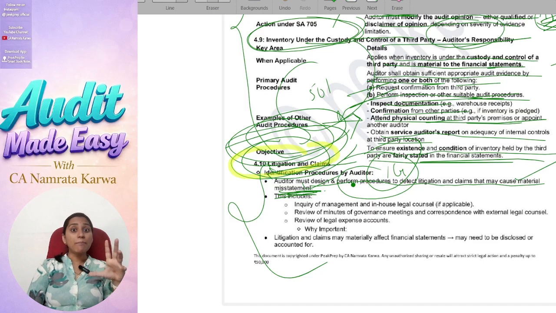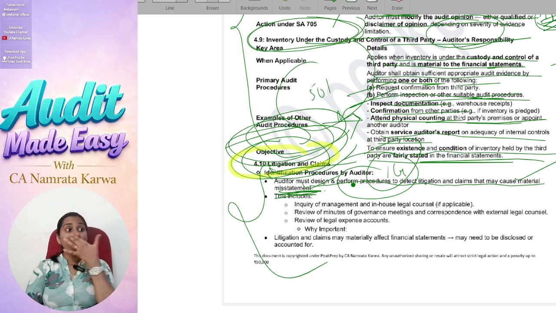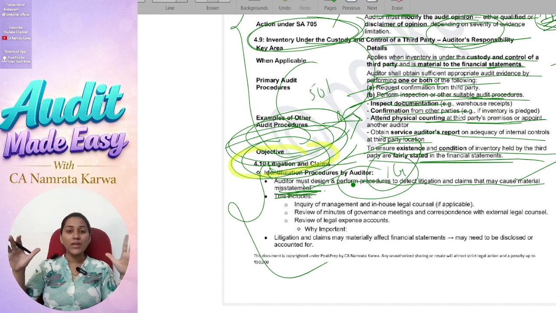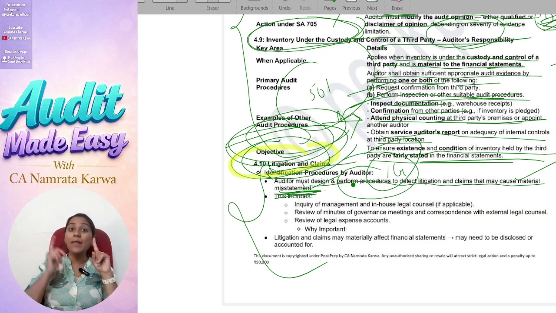The company may try to hide that such a thing is going on, and it may try to prove that no, the condition is very well and the case is in our hand. Such material misstatement should never happen, and therefore the auditor must perform some kind of procedures. Now, what procedures have we already spoken about?